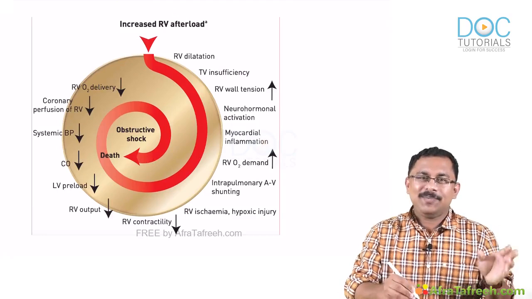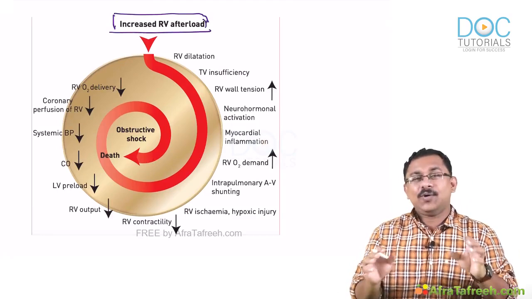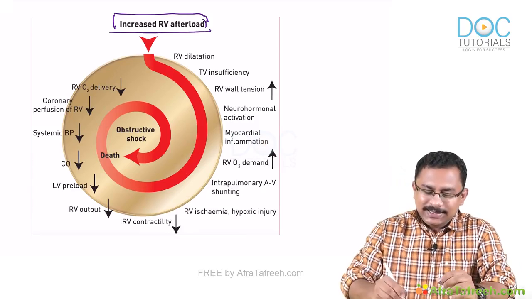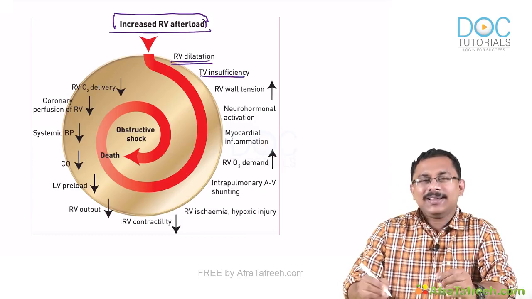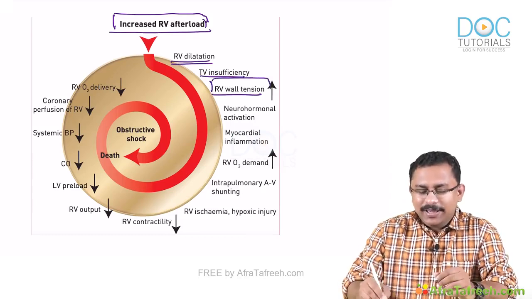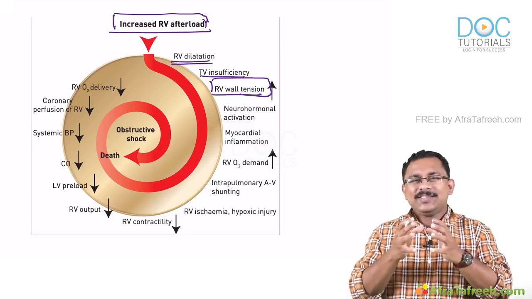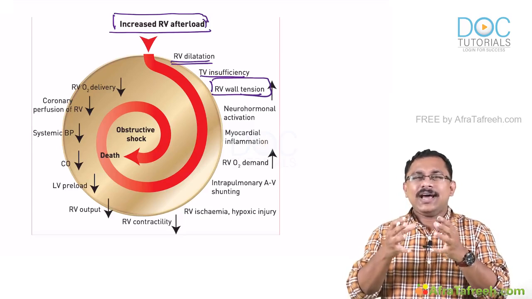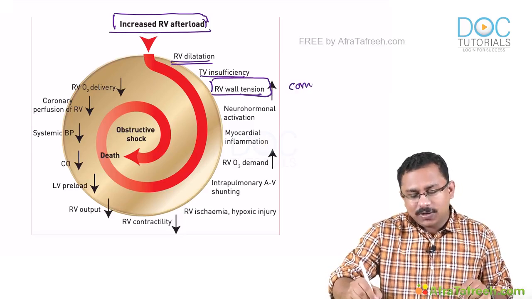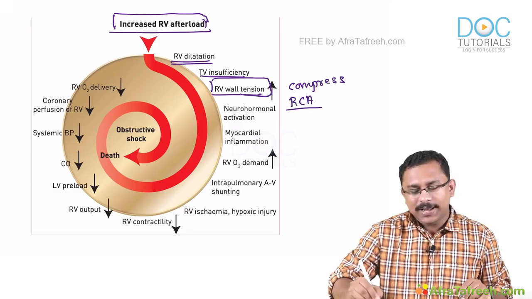There is initially pulmonary hypertension, subsequently RV overload; afterload increases because it has got to pump against resistance. There is RV dilatation, maybe secondary tricuspid regurgitation, and the RV wall tension also increases. Because of the increasing right ventricular wall tension, it can also compress the coronary arteries, the right coronary artery.